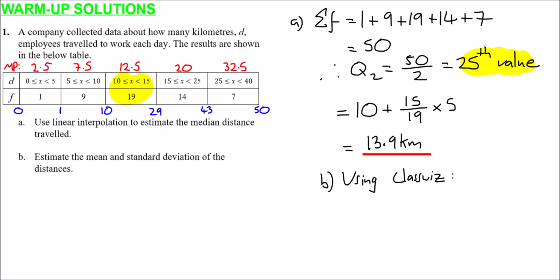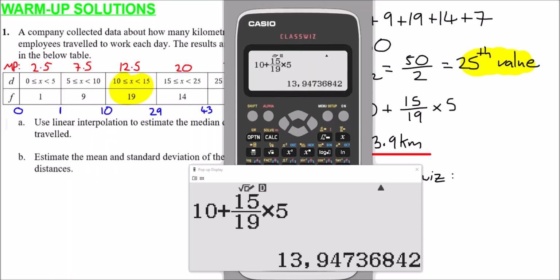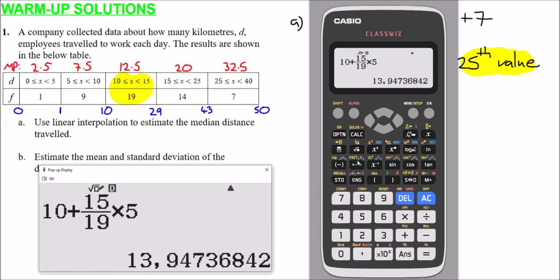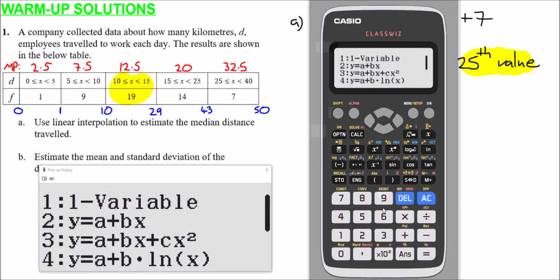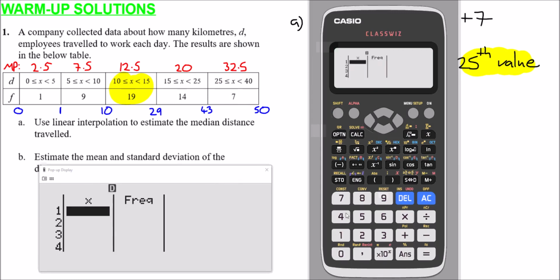So how do we use the calculator to compute this? Well, first of all, get the calculator on, press on, normally a good start. Then we go menu and press option 6. This is only one variable, the only variable being the distances to work, so we press option 1. Now we just type in where it says x, we're going to put the midpoints. So 2.5, then 7.5.